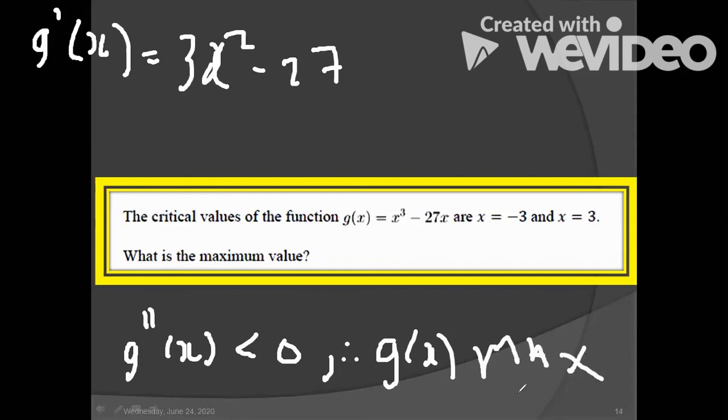Now suppose it was positive, then g of x would have been a minimum. What if it is equal to 0? When it's equal to 0, we call that a point of inflection.